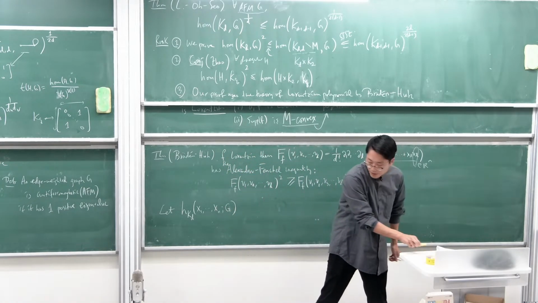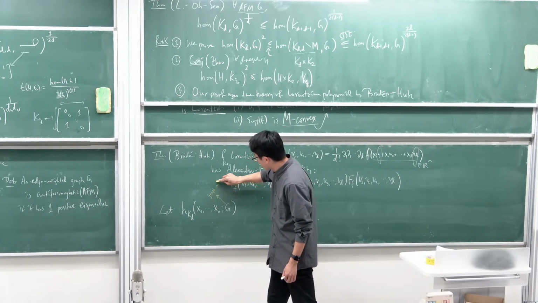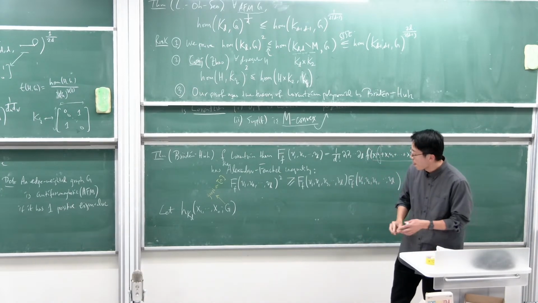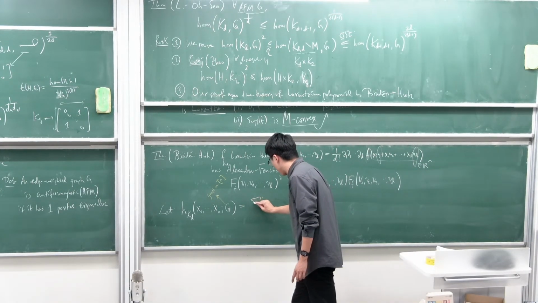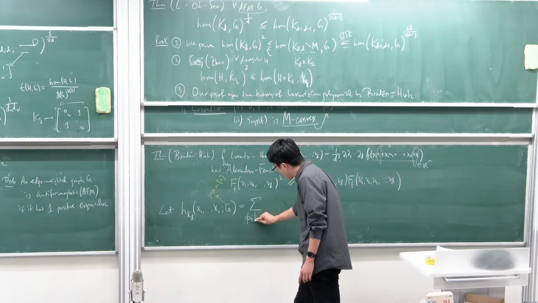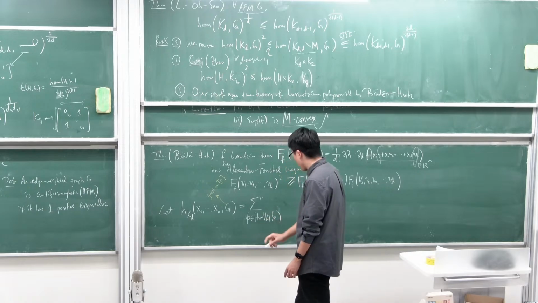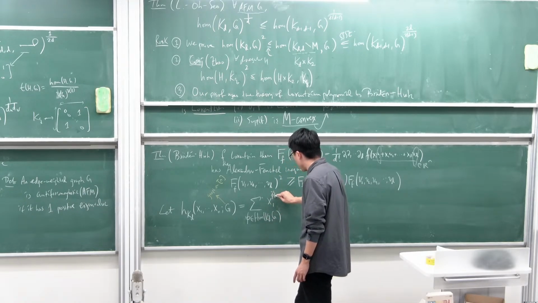Here G is a graph on the vertex set of integers 1 up to n, and I'm going to do this. Given a homomorphism from K_d to G, I'm going to count the inverse image.